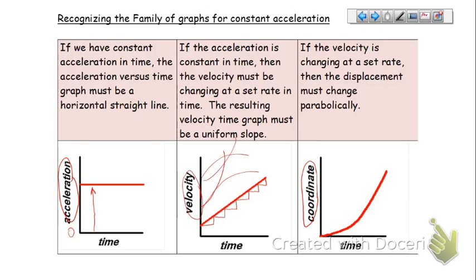Then the other thing is, let's look at the area under the curve. We said that the area under the curve was displacement, so I have a certain amount of displacement associated with the first second. I have more displacement associated with the second. I have more displacement associated with a third.